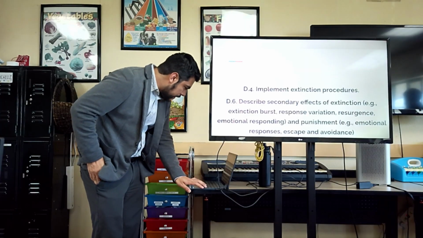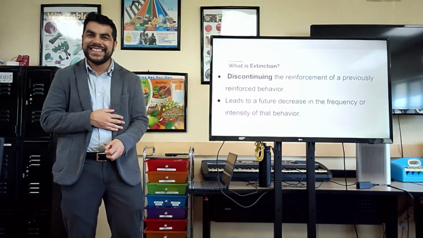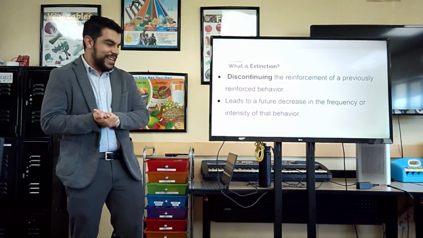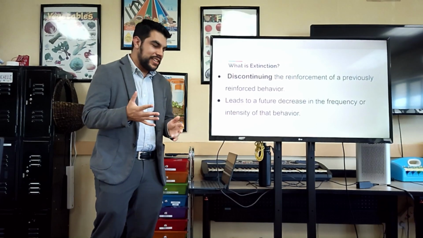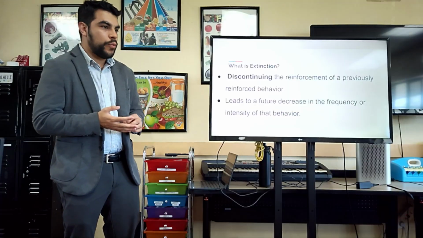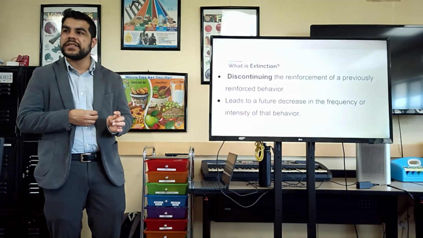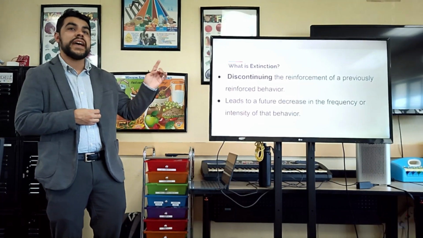So to start things off, we're going to be talking about what is extinction. Extinction is simply when reinforcement is discontinued for a behavior that has otherwise been reinforced in the past.